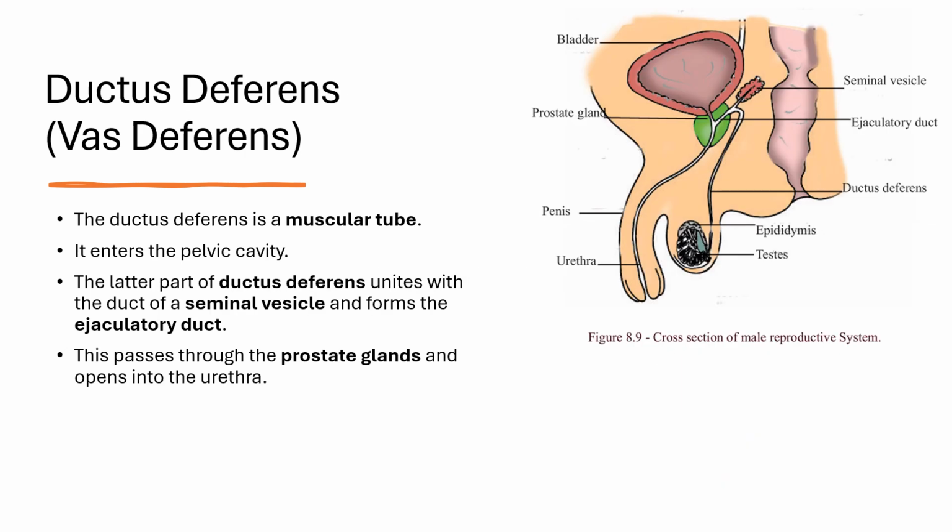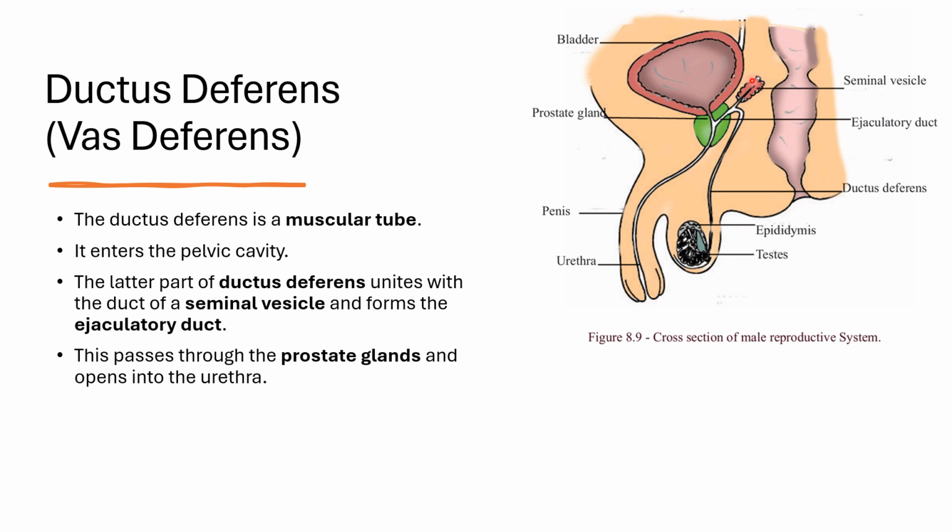Here we are going to talk about the ductus deferens. So you can see the ductus deferens over here. This is a muscular tube and it enters the pelvic cavity. It is located in the pelvic cavity. So this is a muscular tube, and as you can see, the latter part of the ductus deferens unites with the duct of the seminal vesicle.